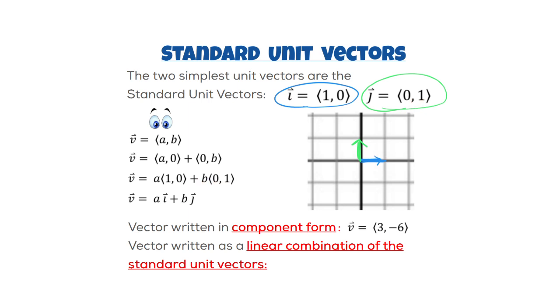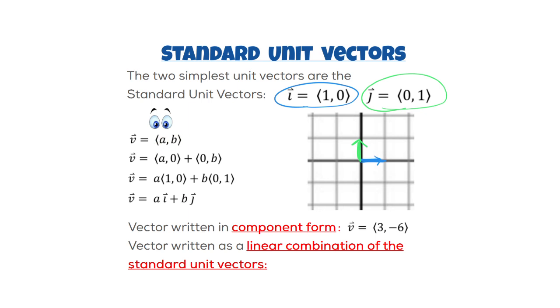That's vector J. All right, so this right here is what we call the linear combination of the standard unit vectors. Okay, so linear combination, meaning you're going to be adding or subtracting here, of the standard unit vectors, I and J, right here. All that really means is that if I give it to you in component form, it's just another way to write it.